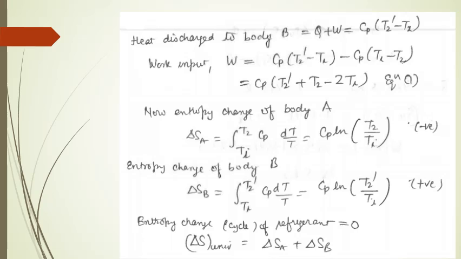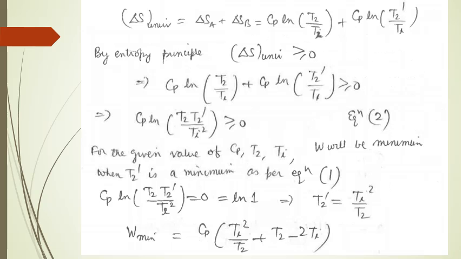So the entropy change of the universe will be equal to the summation of the entropy change of the body A and the entropy change of the body B. Now the entropy change of the universe is equal to Cp into ln of T2 upon Ti plus Cp into ln of T2 dash upon Ti. Now by the entropy principle we can say the entropy change of the universe has to be positive.